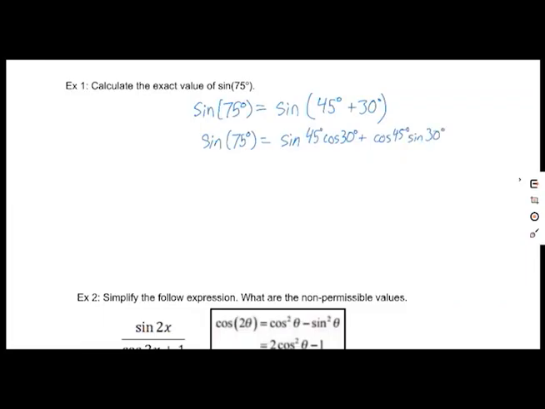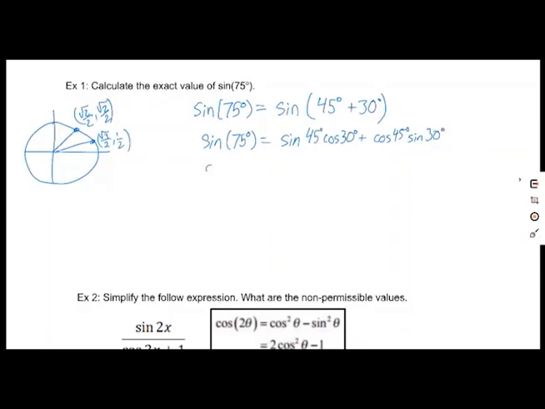When I think about my unit circle, there's really only two places I care about right now. At 45 degrees, my coordinates are root 2 over 2 and root 2 over 2. At 30 degrees, my coordinates are root 3 over 2 and 1/2.